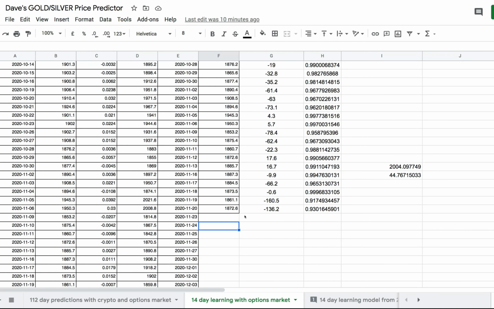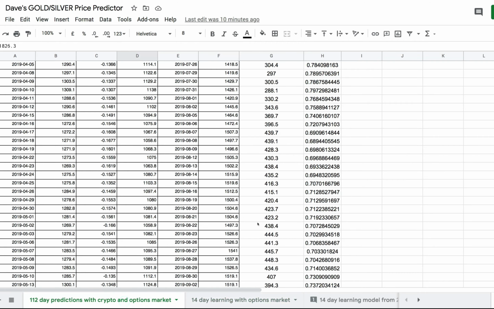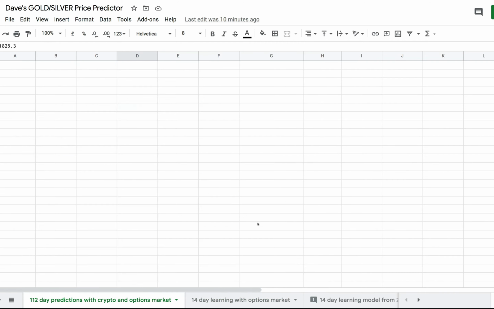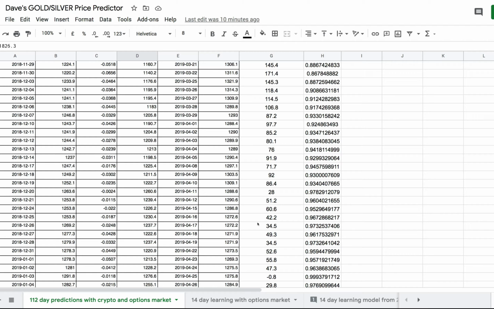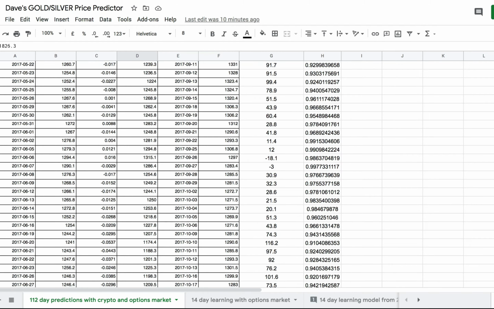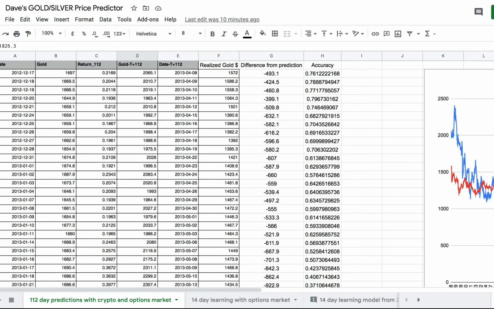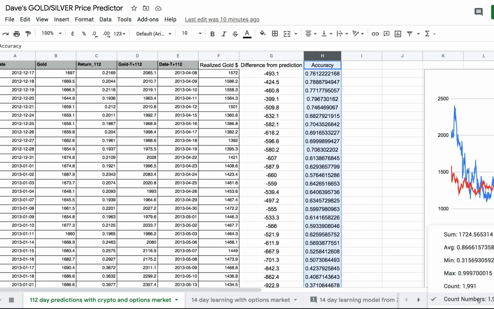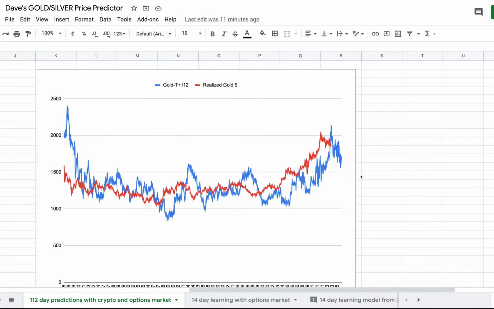That's another whole area. So does it work in predicting gold? No, it doesn't work in predicting the exact price of gold. For longer periods it's not very accurate. I think the average accuracy for a longer period is only 86%, which is terrible because the prediction could go both ways.